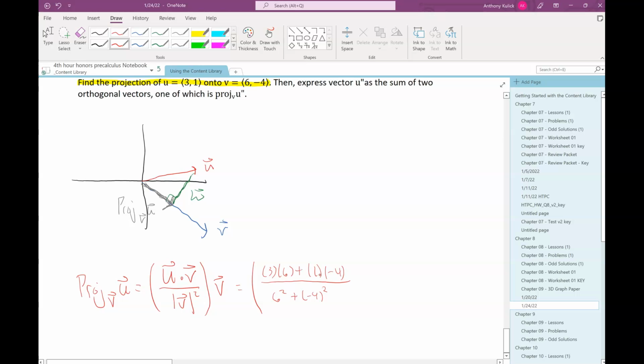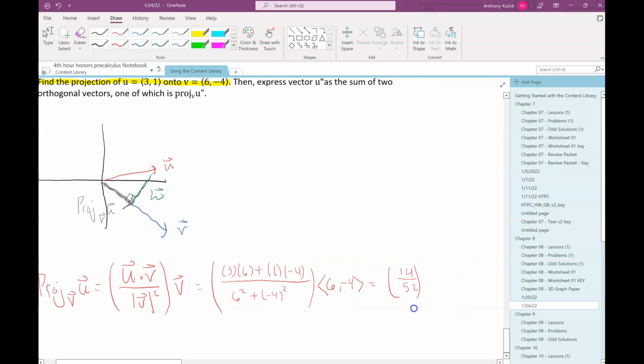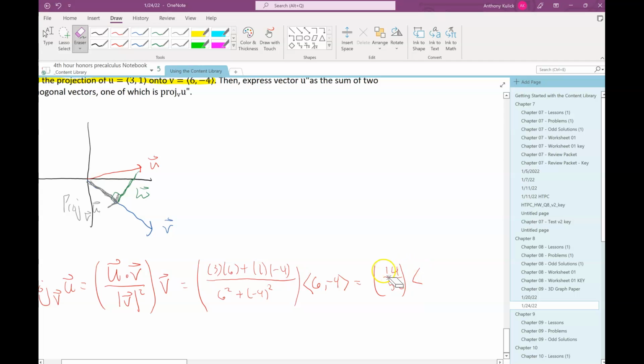I'm not going to bother with the square rooted and squared though, because they're just canceling each other out. And that's all going to be multiplying my vector v. So that's 18 minus 4, so 14. And that's 36 plus 16, so that's 52. And really, let's reduce that. Probably makes more sense to call that 7 over 26.